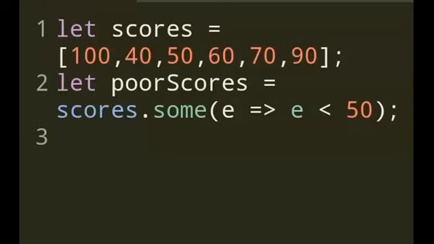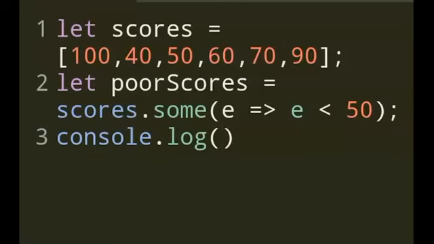We are looking for this specific condition where the elements are less than 50. So console.log poor scores.